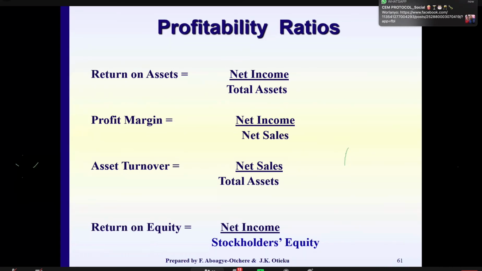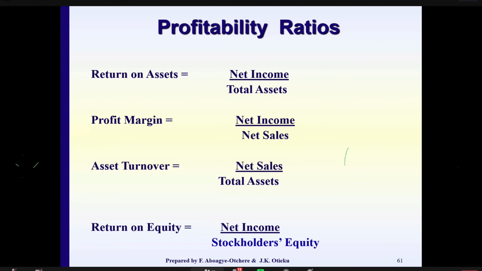Now let's come back to the profitability ratios. The first one that we're looking at is return on asset. Remember that we say return on asset is usually measured in percentages, so it is net income over total assets, times 100. We have identified the formula.